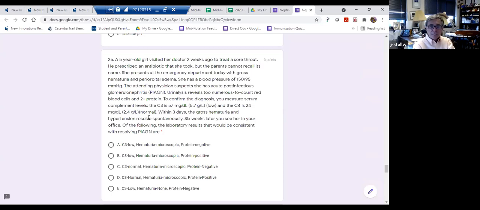C and D still present. The real trick here is the protein, positive or negative. Well, in truth, in your perfect world, in 6 weeks, the protein should be negative. It has gone away. I understand in the real world, there may be still some there. So perhaps this question would have been better to put significant proteinuria.